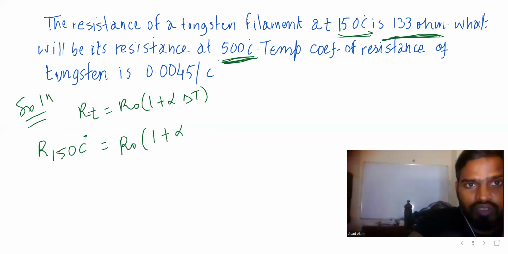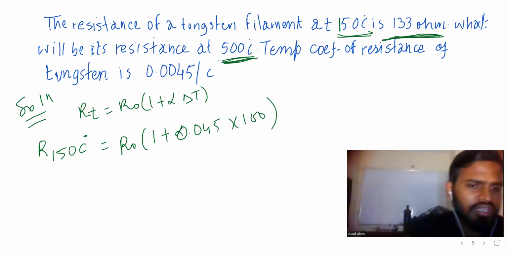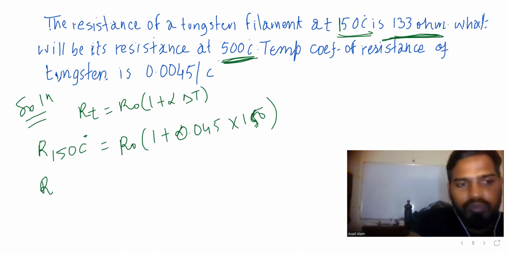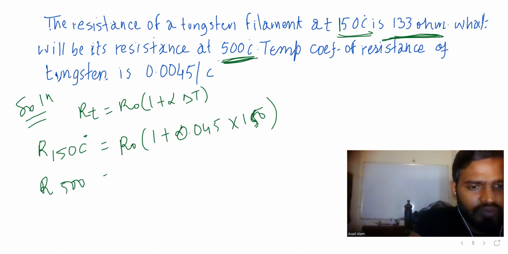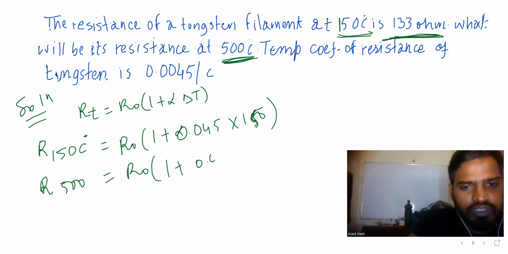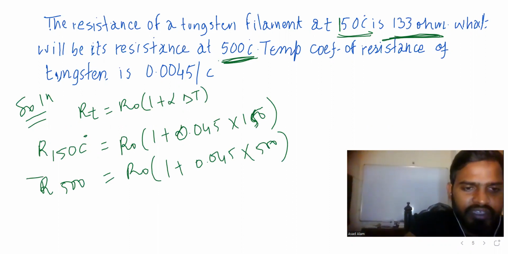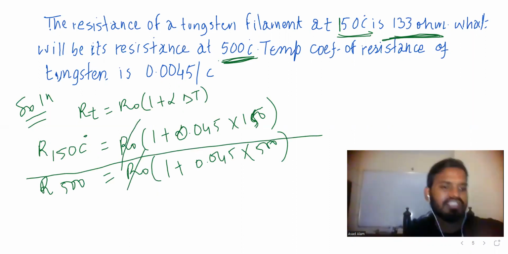Alpha is given as 0.045, into delta T, which is 150 degrees Celsius. And resistance at 500 degrees Celsius we want to find: R naught into 1 plus 0.045 into 500 degrees Celsius. So from here, if you divide 1 by 2, R naught cancels out.